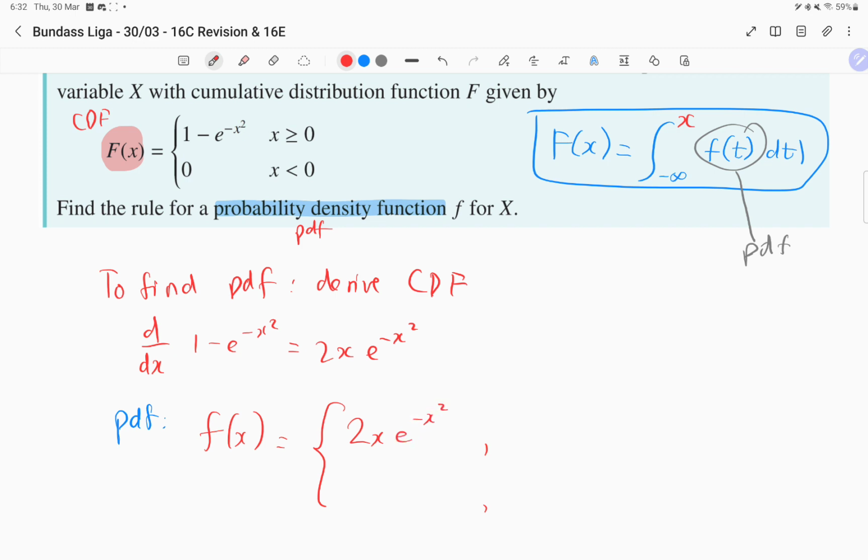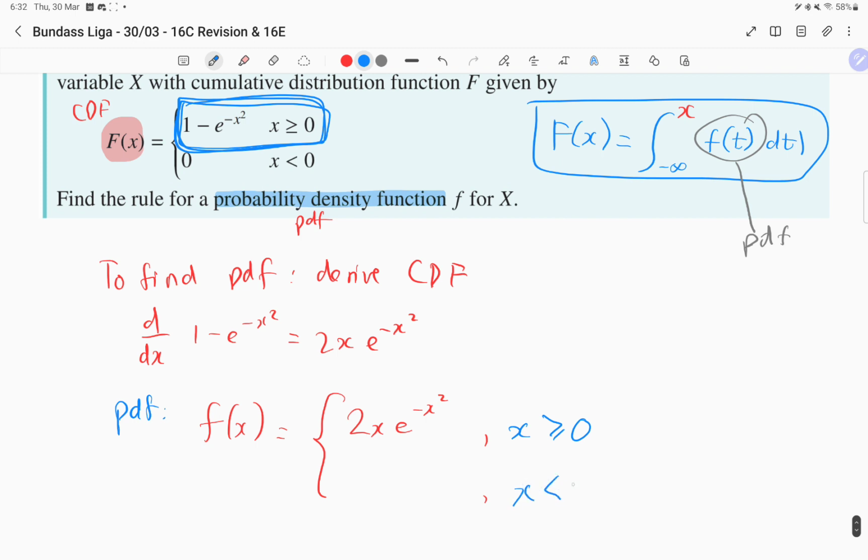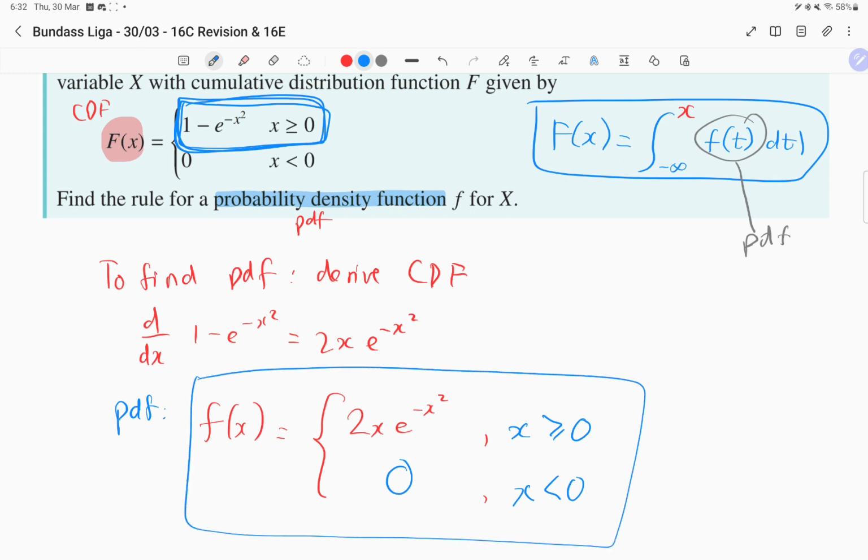When would that be the PDF? For which x values? Is it less than 0 or more than or equal to 0? More than or equal to 0. You look at where the domain for the CDF is, and that would be x is more than or equal to 0. And when x is less than 0, what's the value for the PDF? 0. That's right. So that's the official way to write the answer for the PDF.